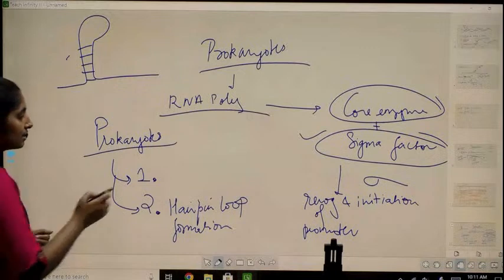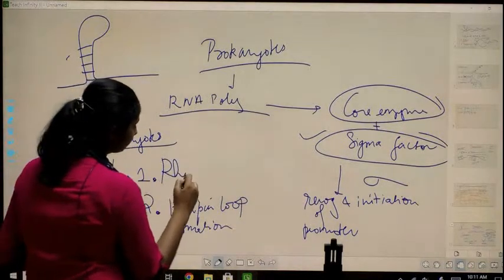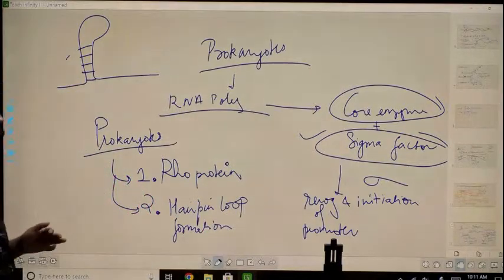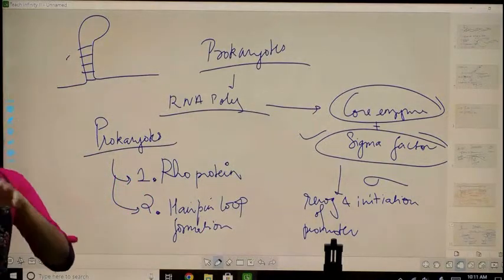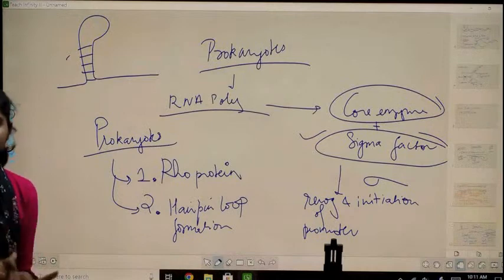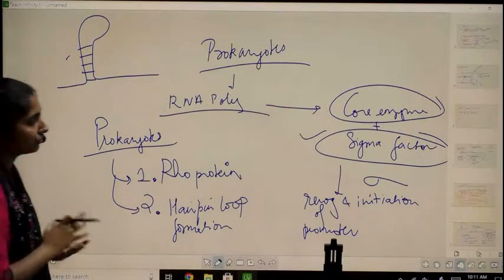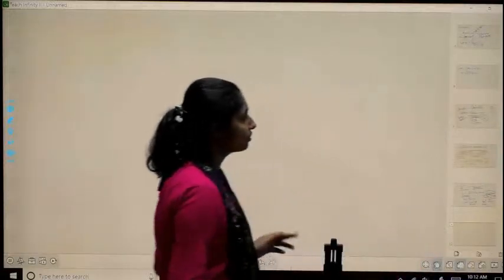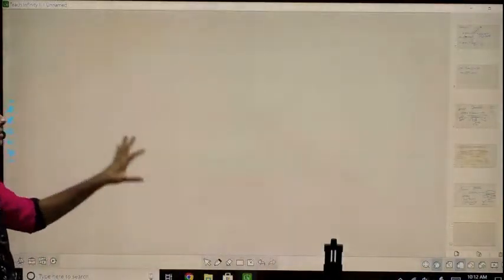Another way is they will require rho protein. A rho protein will come and bind to the terminator sequence and then will stop the process of transcription, right? So this was all about the process of transcription.